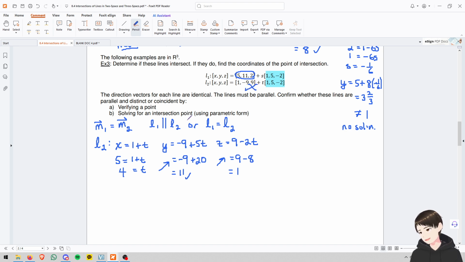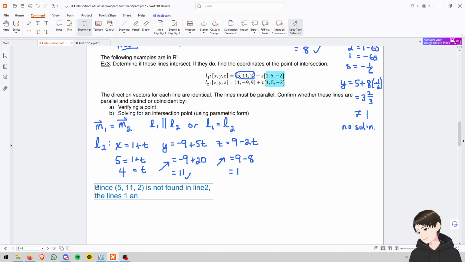They may have parallel or collinear direction vectors, but they are not the same line. So I would say, since 5, 11, 2 is not found in line 2, lines 1 and 2 are parallel but distinct. And that's it. That would be you trying to verify a point.